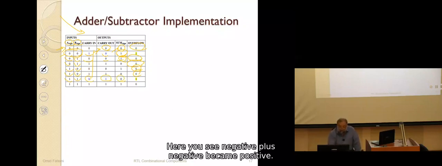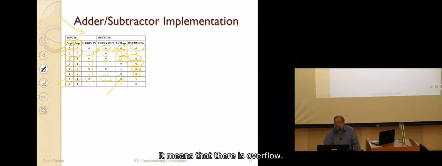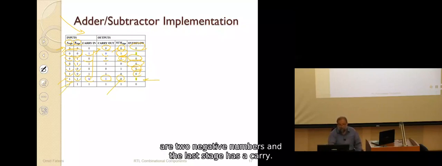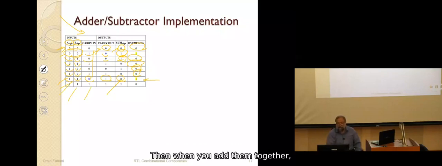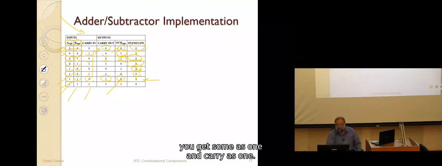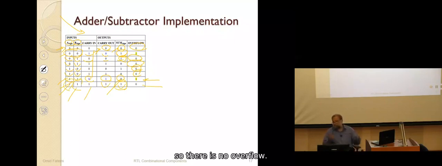Here you see negative plus negative became positive. So it means that there is overflow. And if there are two negative numbers and the last stage has a carry, then when you add them together, you get sum as 1 and carry as 1. So again, sum is negative, two numbers are negative, so there is no overflow.